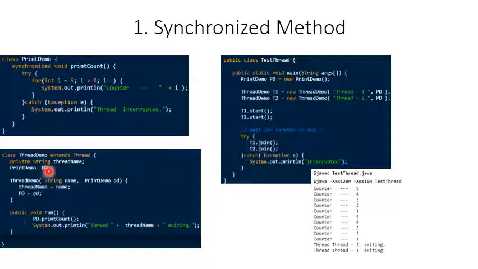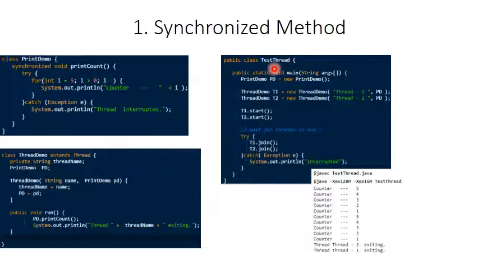So you can see the constructor is here. The constructor has two parameters. They are String name and PrintDemo PD, where PD is actually a reference variable of type PrintDemo. We need this second parameter to be a reference variable of class PrintDemo, because we are actually passing an object of class PrintDemo here.